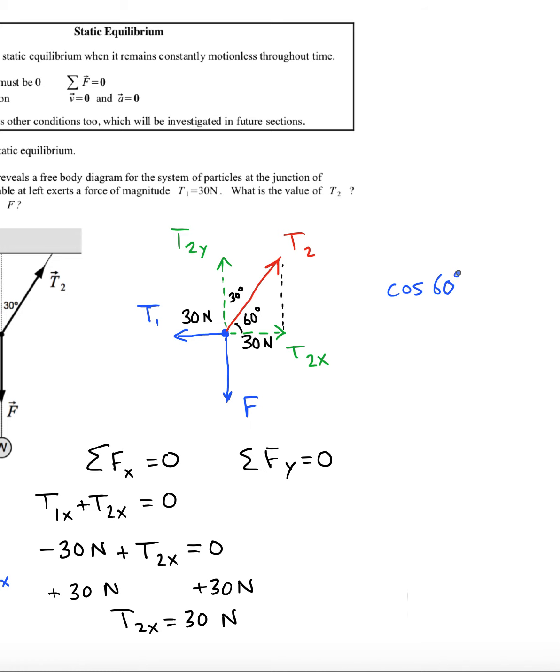Cosine of 60 equals the adjacent over the hypotenuse. And now if I just multiply across and then divide by the cosine 60, this will tell us the magnitude of T2.